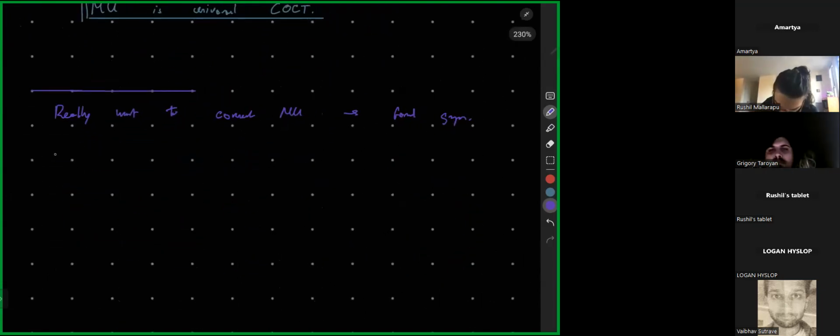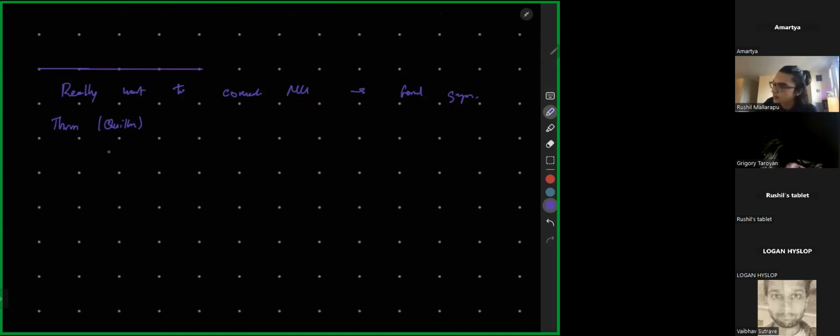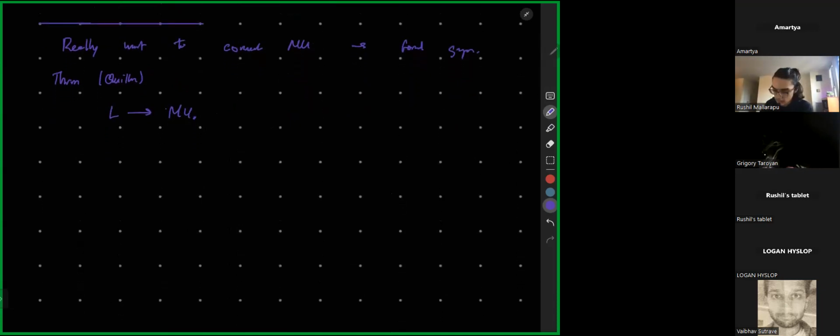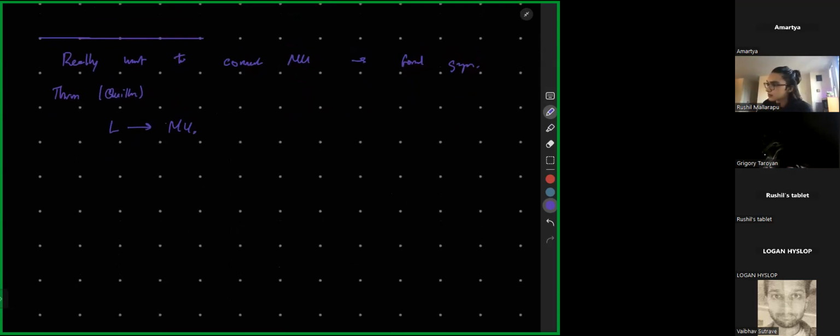So there's a theorem due to Quillen that the map L to MU star, this being given, of course, by the canonical formal group arising on MU from the universal complex orientation, is an isomorphism.